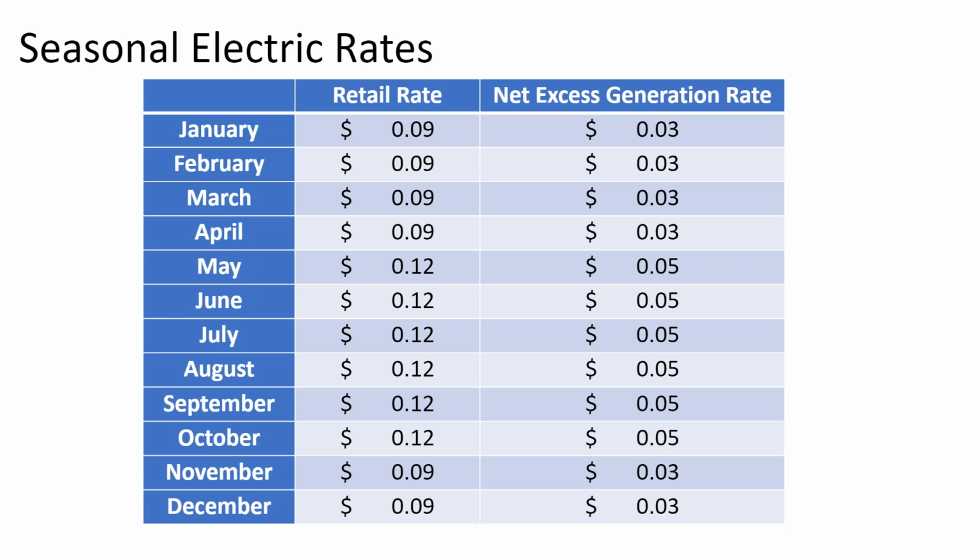The avoided cost of operation is what the federal government requires the power company to buy you back at. And then your net metering policy is a state policy that might entitle you to a higher compensation rate.